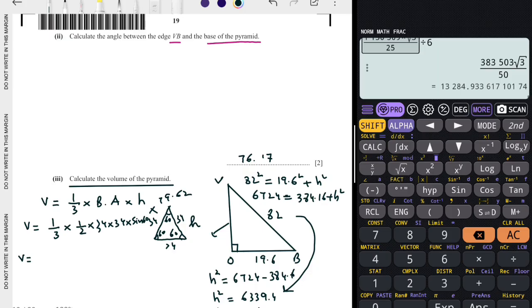So the final answer would be 1384.93. This would be the final answer of this part.